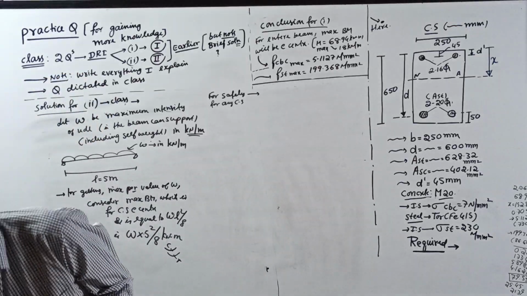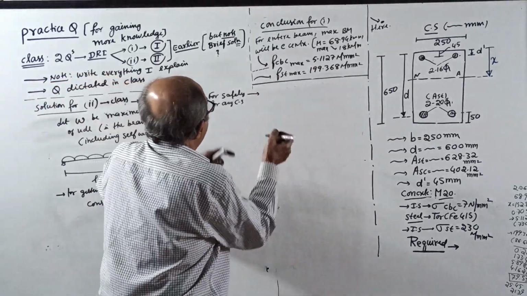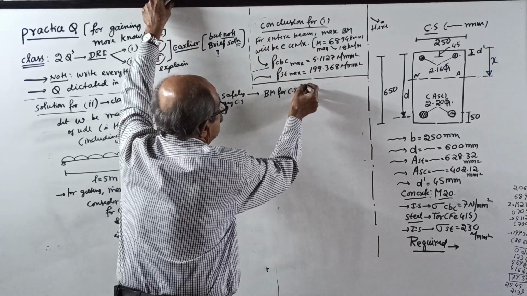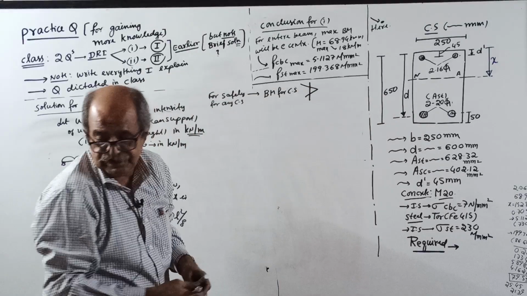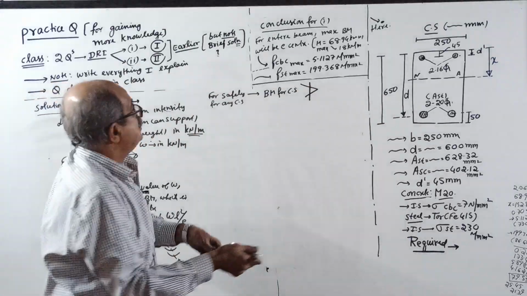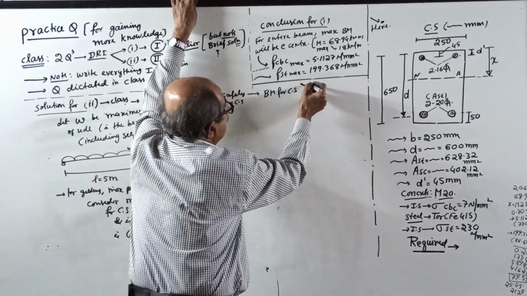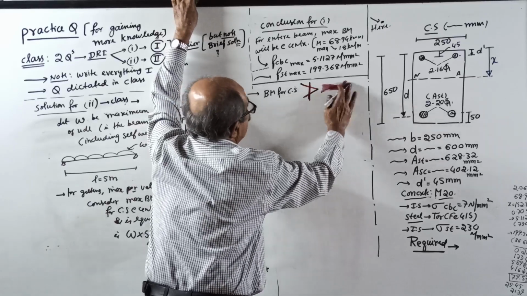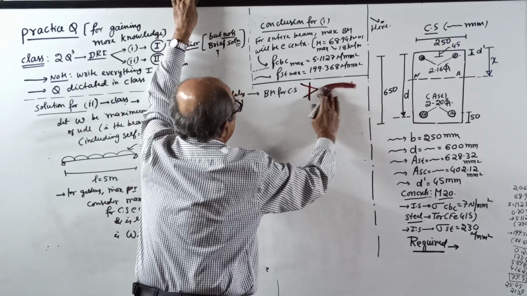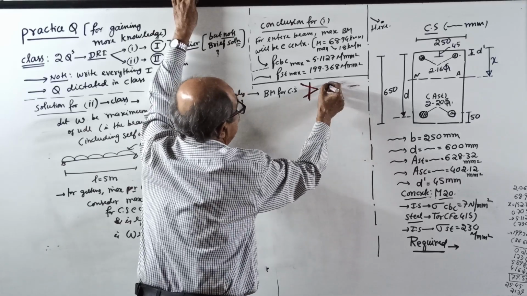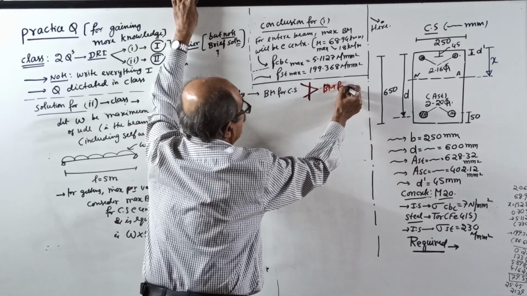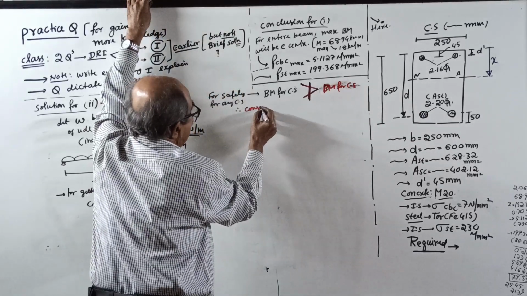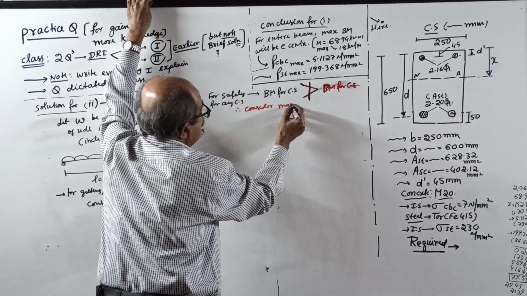So you can tell very easily, bending moment for cross section should not exceed, red color I will put, it should not exceed moment of resistance for cross section. Therefore, consider maximum BM.